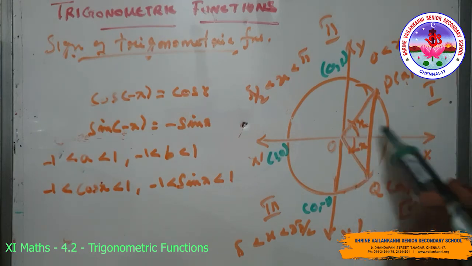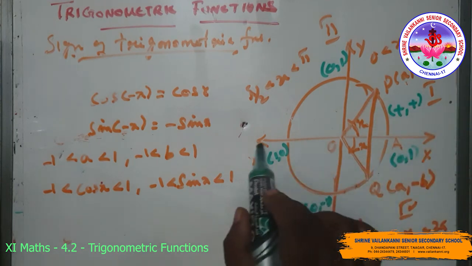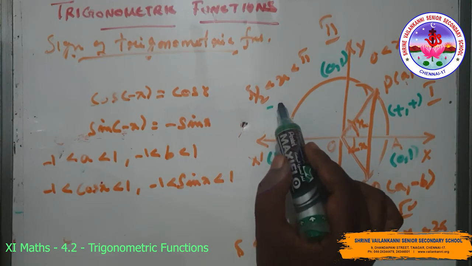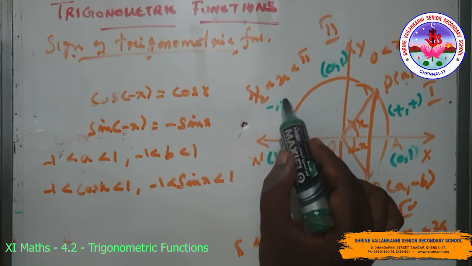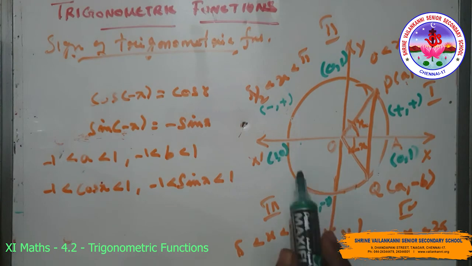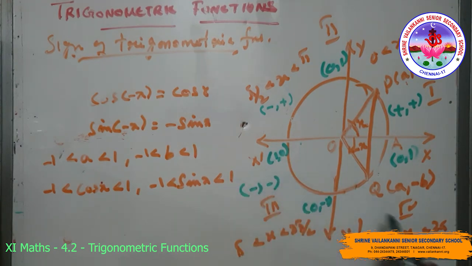In the second quadrant, x is negative and y is positive, so a is negative and b is positive. In the third quadrant, x and y are both negative, so both a and b are negative. And in the fourth quadrant, x is positive and y is negative, that is a is positive and b is negative.